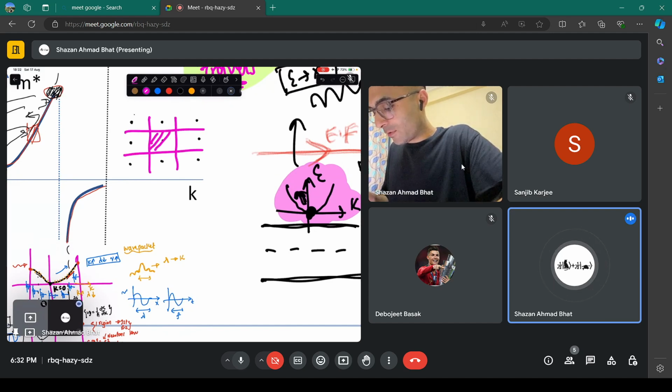This is the first Brillouin zone in a crystal lattice. You draw these perpendicular lines and the other perpendicular lines, and the single atom surrounded by these perpendicular lines is the first Brillouin zone. So whatever you're showing is happening in this particular cell. No, I shouldn't say unit cell, it's happening in this particular cell.